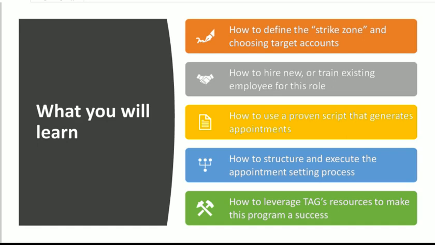Then we'll transition to: do we use existing resources or hire new? We've had TAG members that have been successful doing both ways. We found that it is easier if you take an existing employee for this type of scenario, because it's more of a rifle approach as opposed to a shotgun approach.